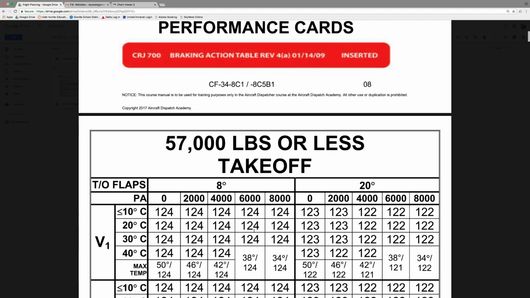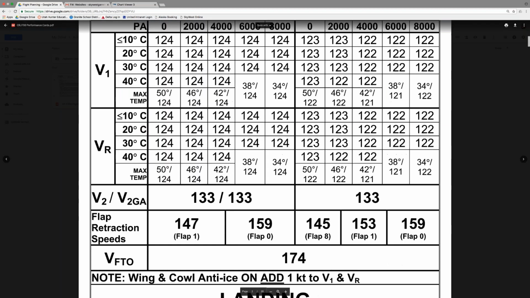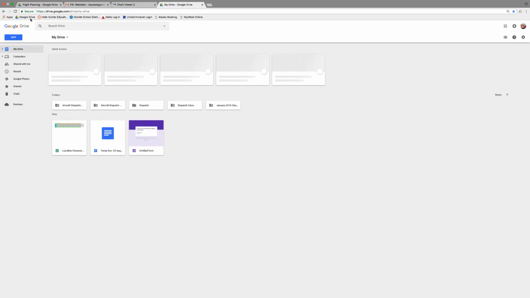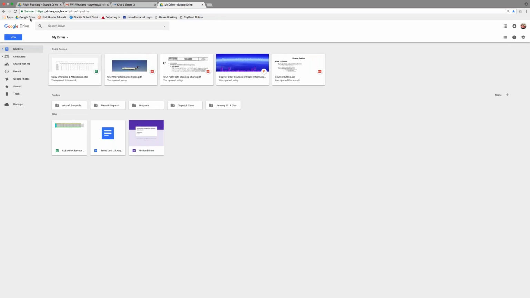And let's see. So we'll use the information once again that we collected off of our weight and balance.